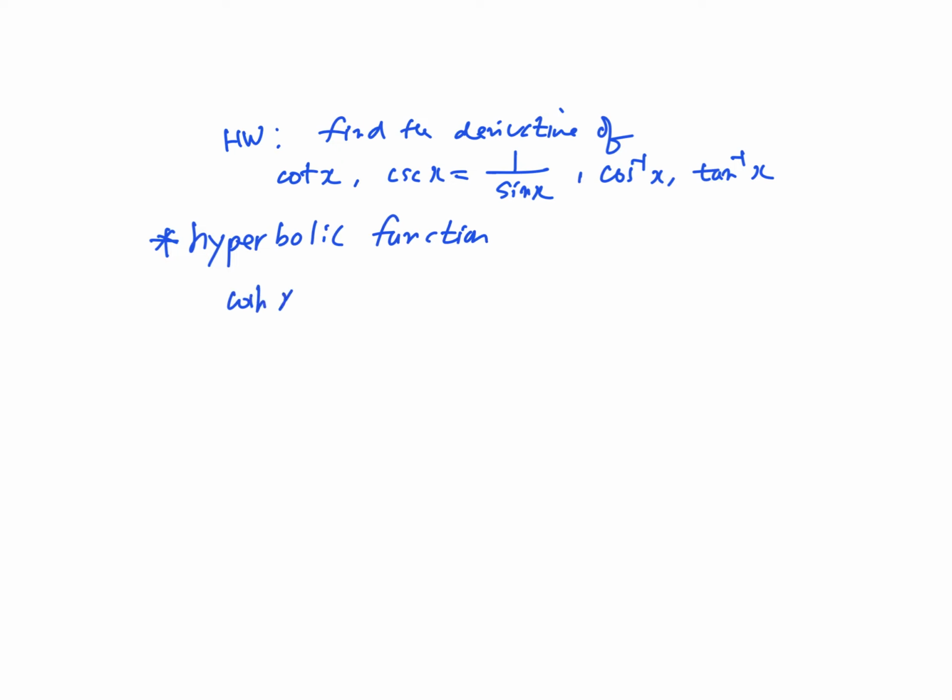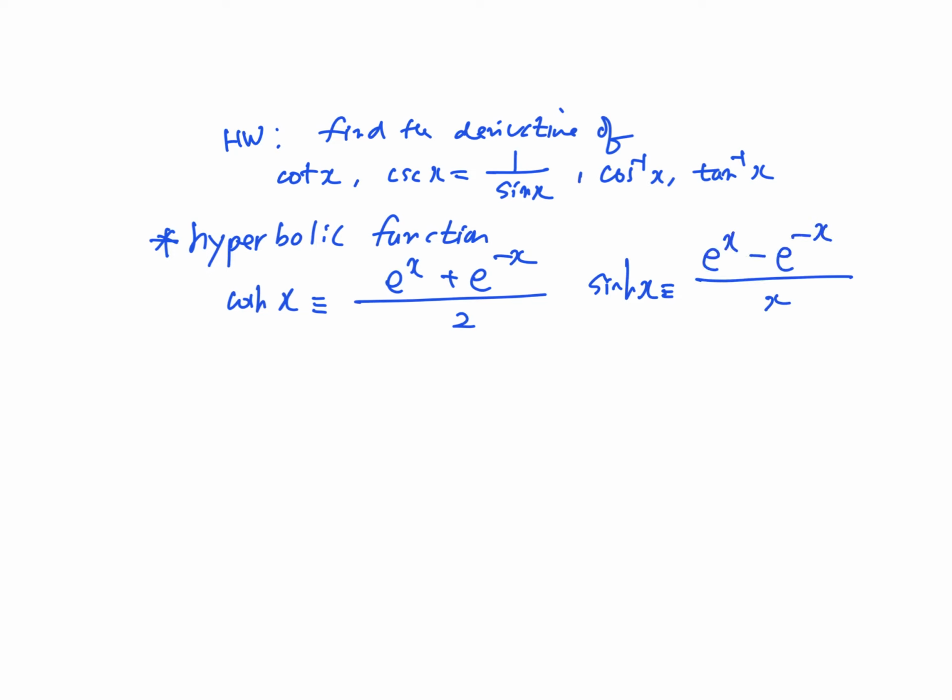Cosine hyperbolic x is defined as exponential x plus exponential minus x, over 2. Sine hyperbolic x is exponential x minus exponential minus x, over 2. We have done that: d/dx of exponential x is exponential x, right?